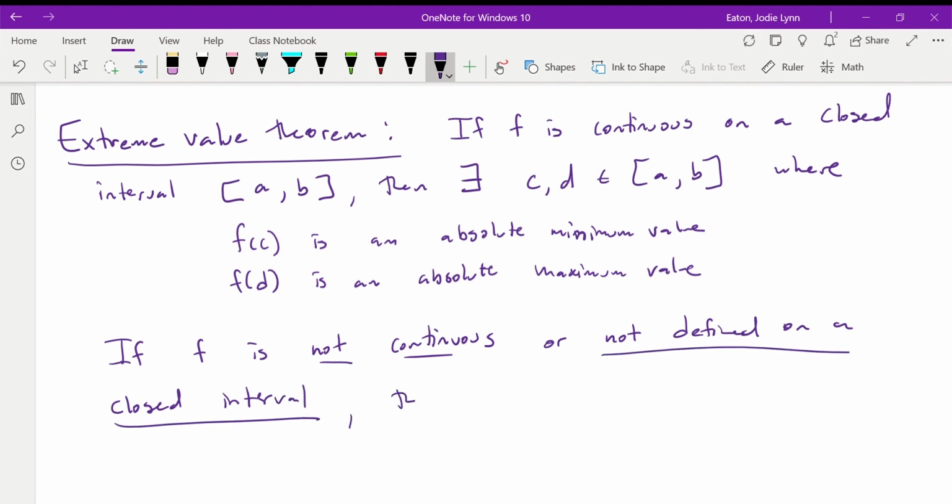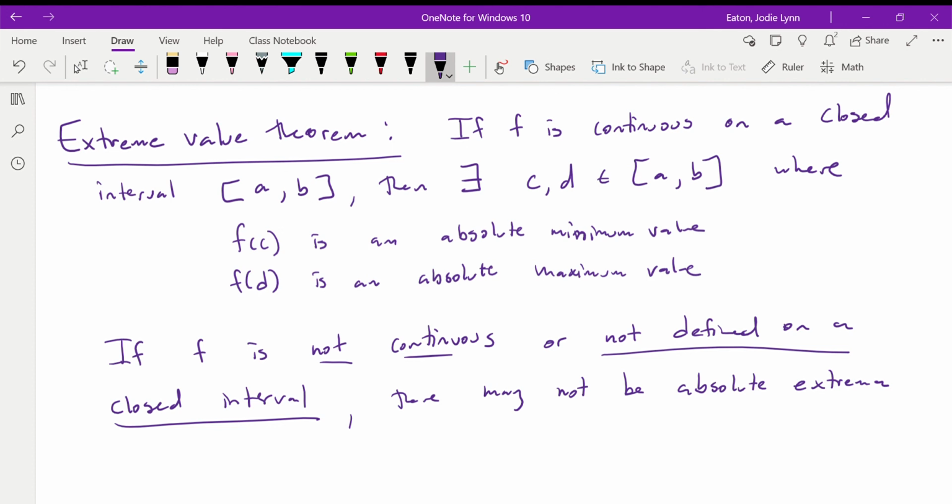Okay. There may not be absolute extrema. So if you're on an open interval, there might not be absolute extrema, and if the function is not continuous, there may not be extrema. So you have to have all of those things be true.